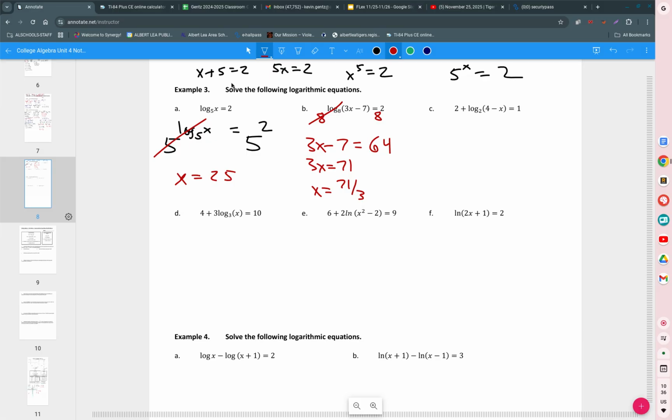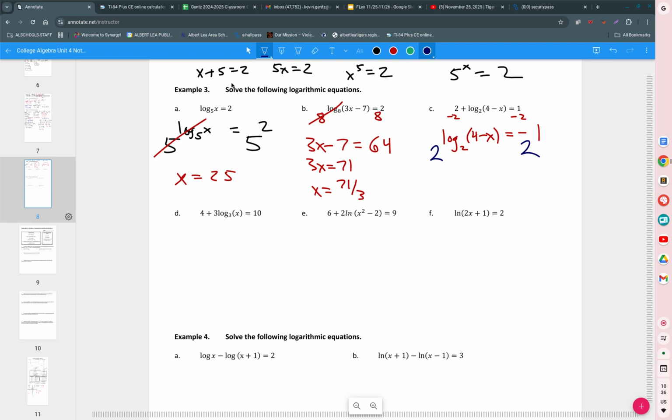How about letter C? What do you think you do first there? Probably subtract the 2. Yeah, let's subtract the 2. I get log base 2 of 4 minus x is equal to negative 1. What do you think now? Create a base of 2.